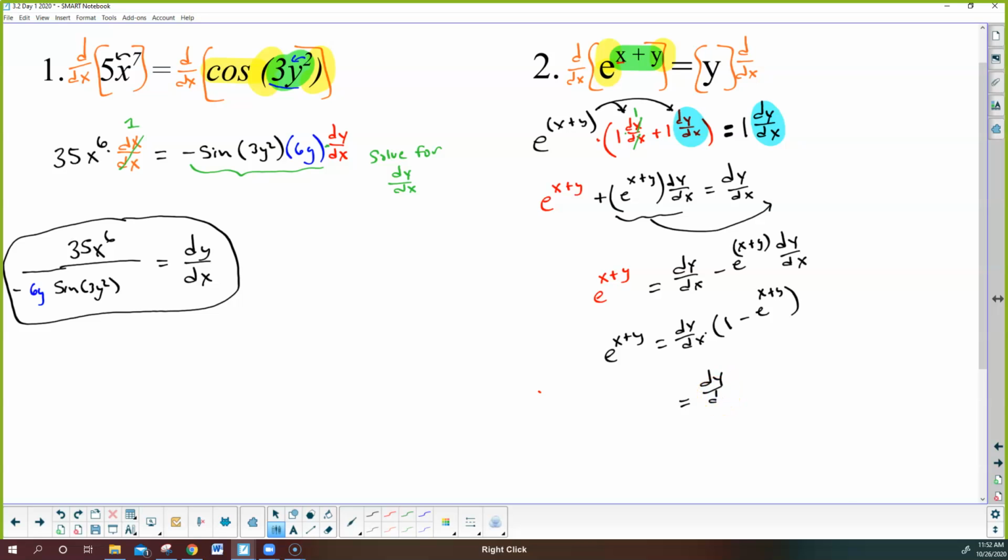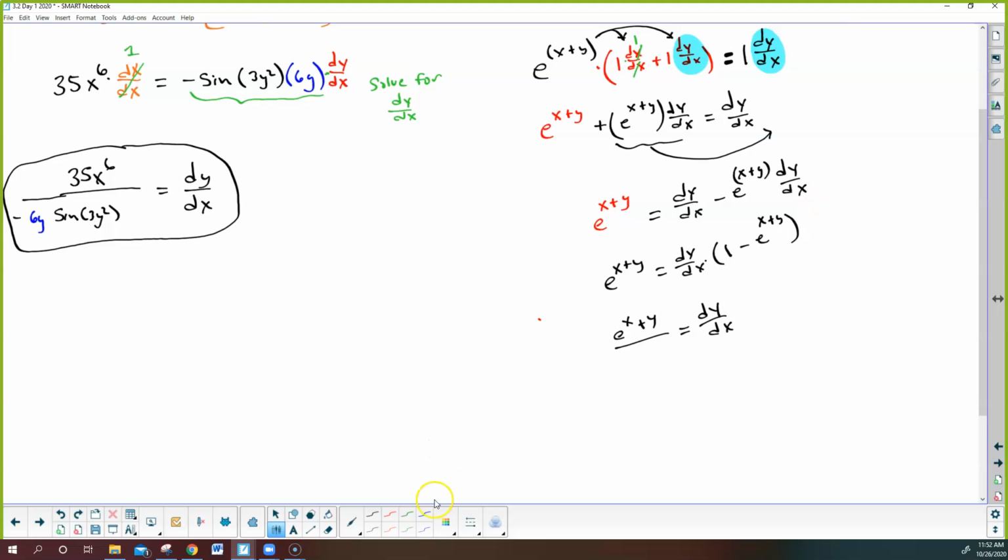So what do I do? I clicked the wrong button on my pen. I'm going to divide both sides by 1 minus e to the x plus y. I'll just do that in a different color.